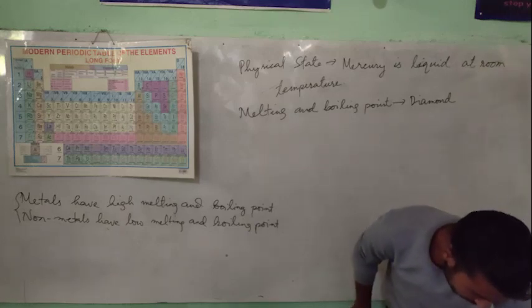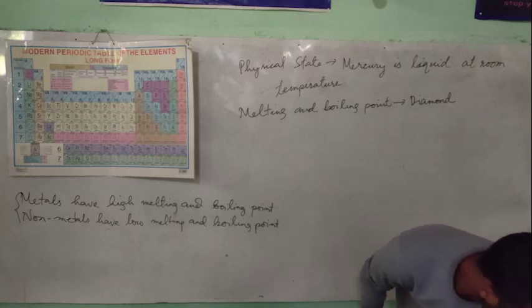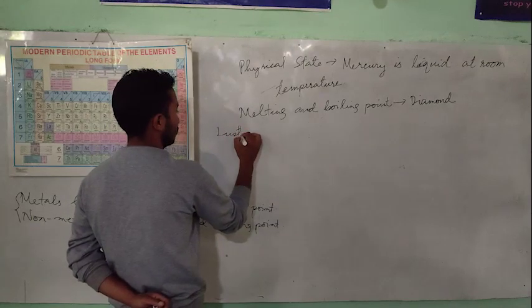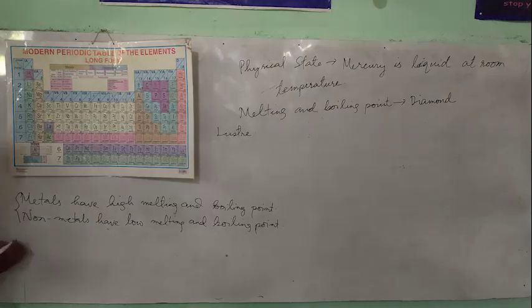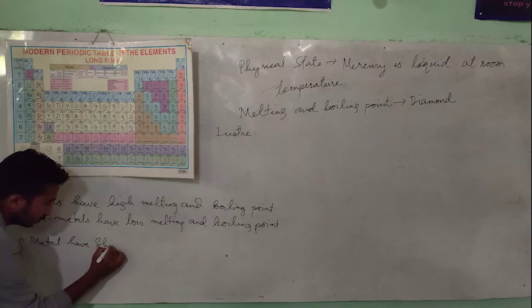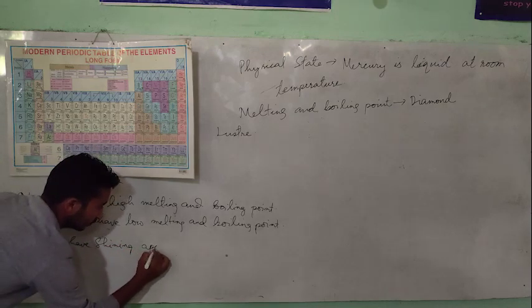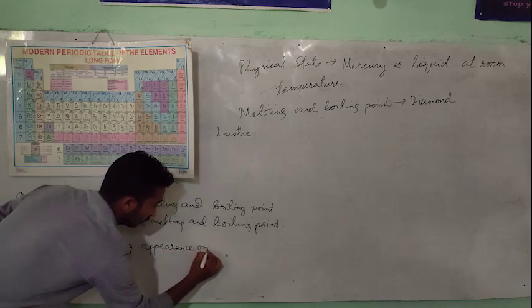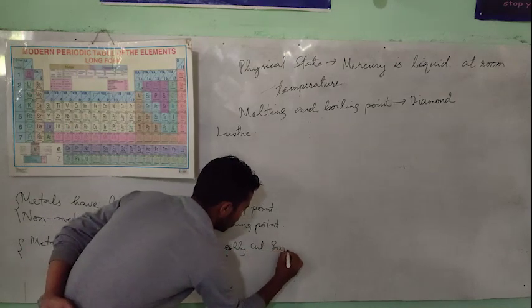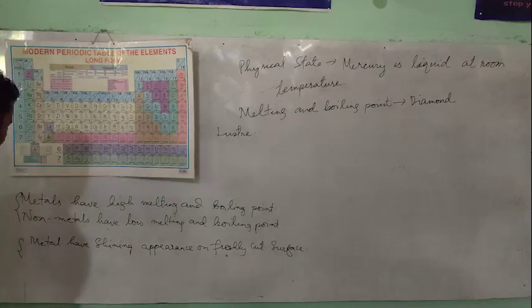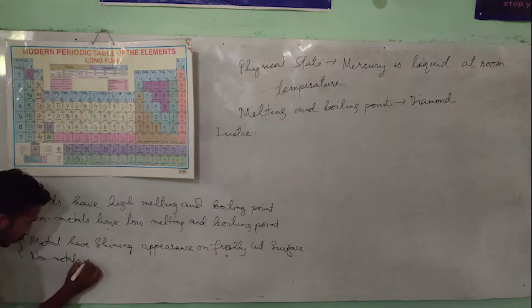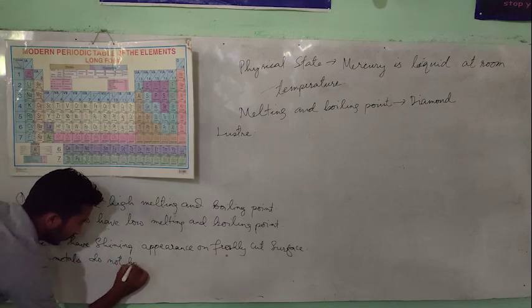So next, luster. Metals have a shining appearance on a freshly cut surface, but non-metals do not have luster.